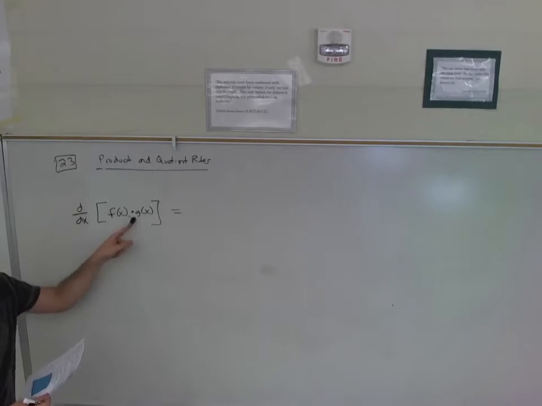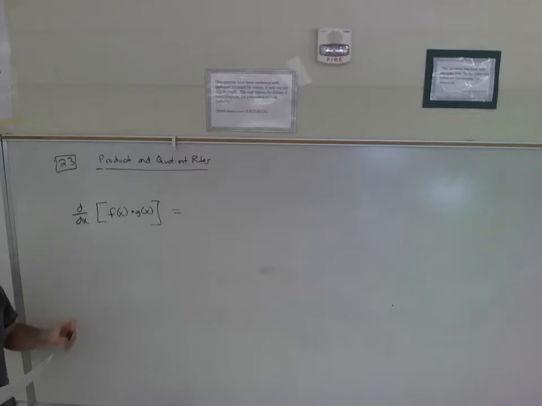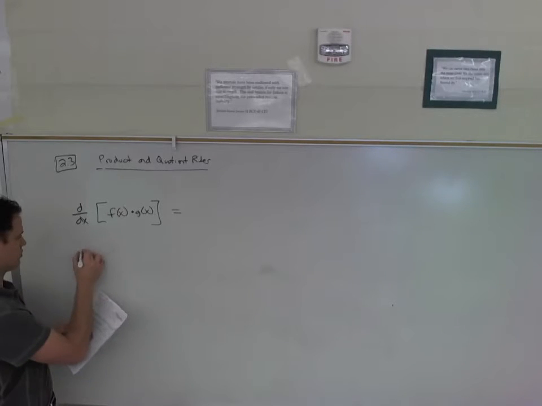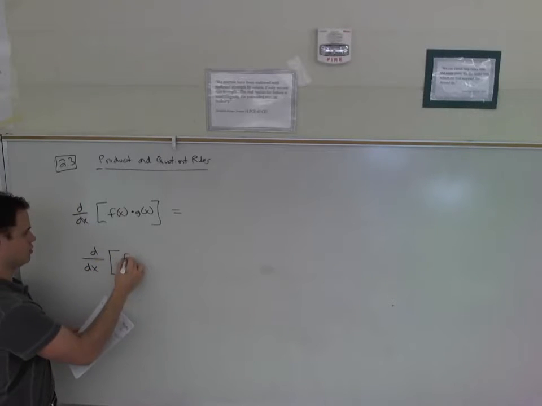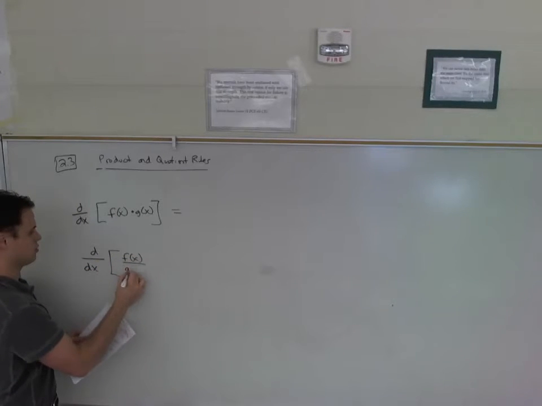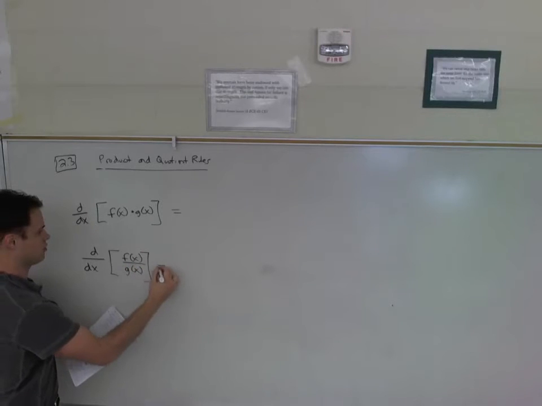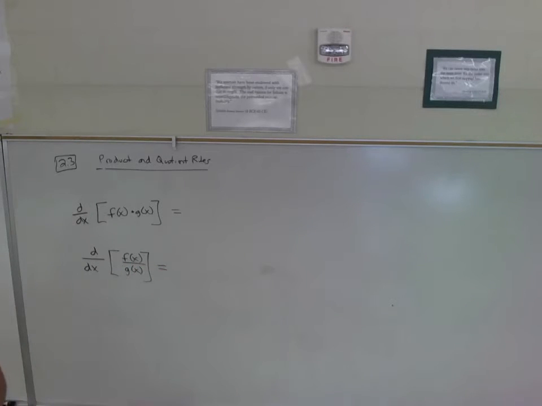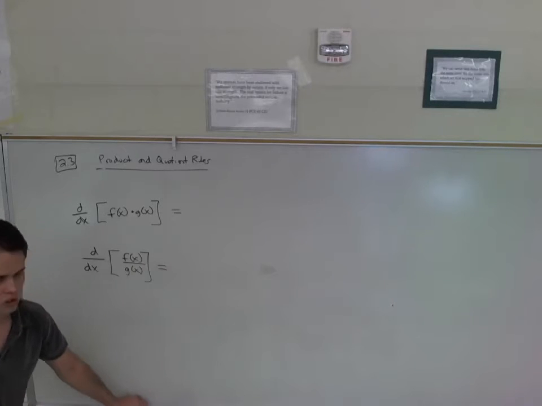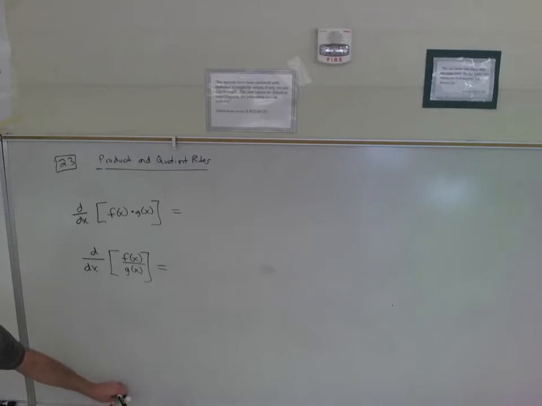Just have d with respect to x. Good question. So we're going to do that one, and we're also going to do this one. These are the two rules we're going to learn for this assignment.